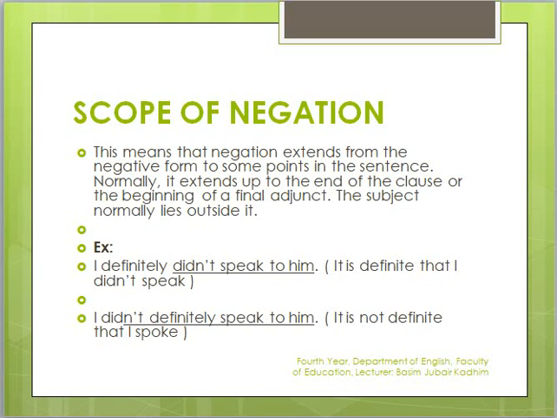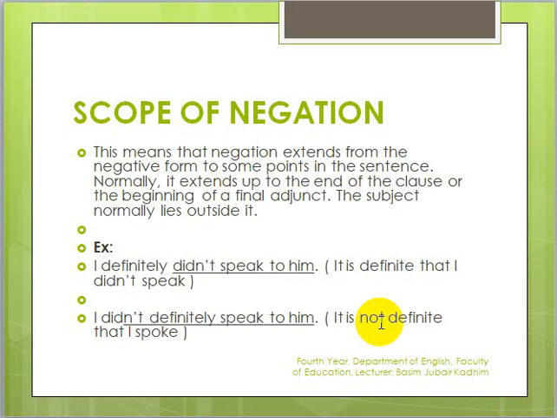So here, if definitely is not included within the scope of negation, then the sentence would mean it is definite that I didn't speak. But if definitely is included in the scope of negation, as in this sentence, it will be it is not definite that I spoke.